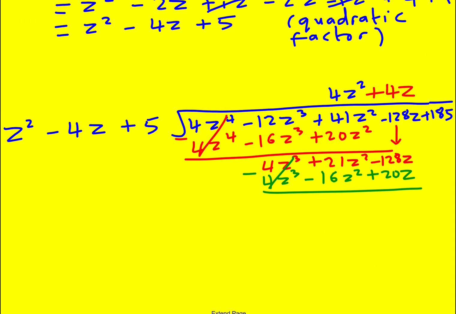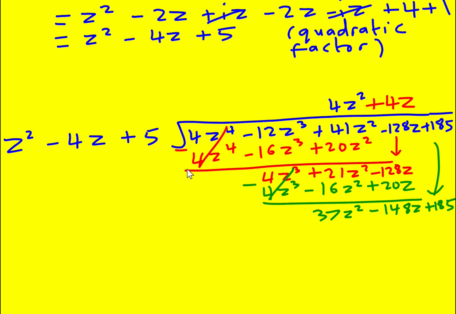This time we're going to get 37z squared minus 148z. Bring this down. Finally, let's see if this works. We've got z squared into 37z squared. That's going to be plus 37. Just need to check that we get 0 at the end, so multiply back through.